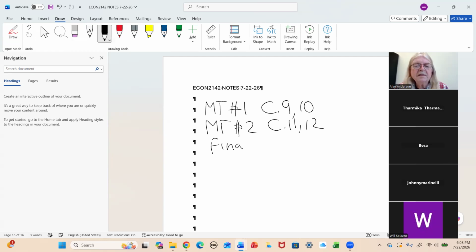The final is not comprehensive. It's just 13 and 14. Now, we haven't started 14 yet, but we will very soon. As soon as this sample midterm is done, we can start 14. That is our look at regression analysis, which is, in my opinion, maybe the most important topic in the course, because this is what you'll be doing if you end up using statistics in research or in a job or some kind of teaching position.